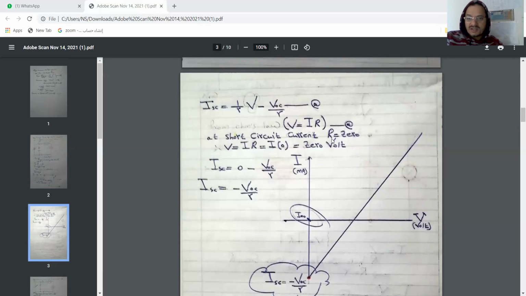At short circuit, the resistance equals 0, which means the voltage equals 0. I short circuit equals 0 minus VOC divided by r. That means I short circuit equals minus the open circuit voltage divided by the small resistance.